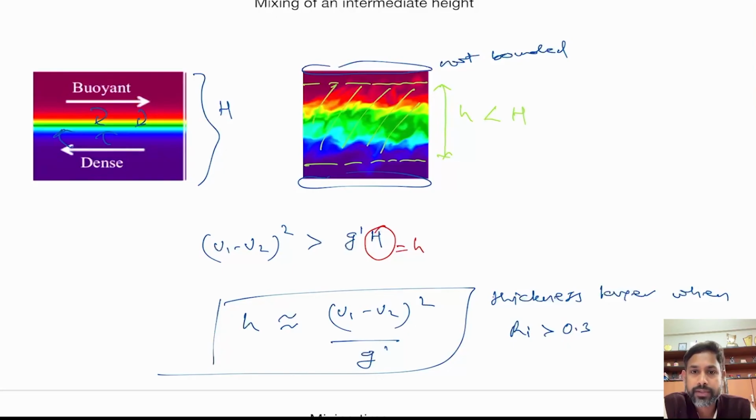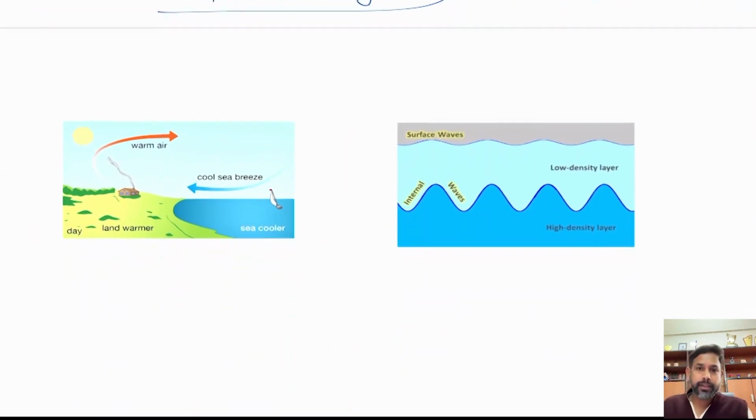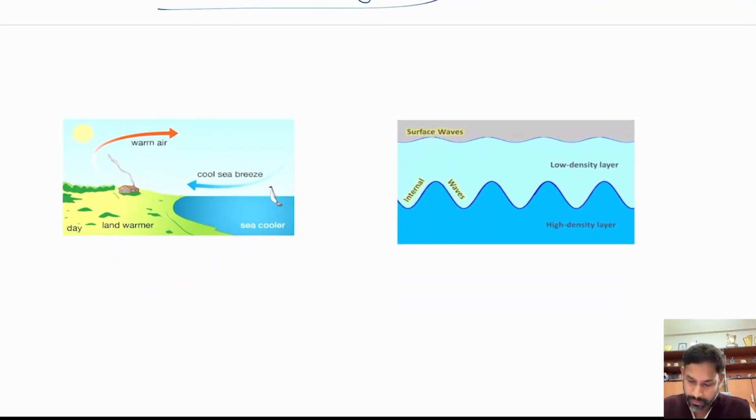mixed zone after mixing. Okay, so particularly in the examples that we discussed before, which can be considered as the mixing of sea breeze with the warm air near the seashore, or under the ocean when we have these gravity waves, right? So in these cases we are not able to define what is the fixed boundary at upper side and in the lower side, right?